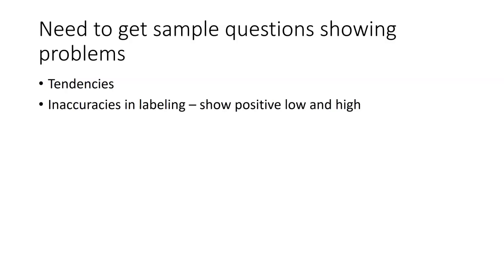An inaccuracy in labeling could show a positive high or a positive low. And this will also tell you whether or not you've got a problem with your question. You can look at differences in setup. You have to make sure that you do things in the same manner all the way through. If you say A is positive, B is negative, don't swap them around, because as soon as you swap them around, you're going to confuse people.